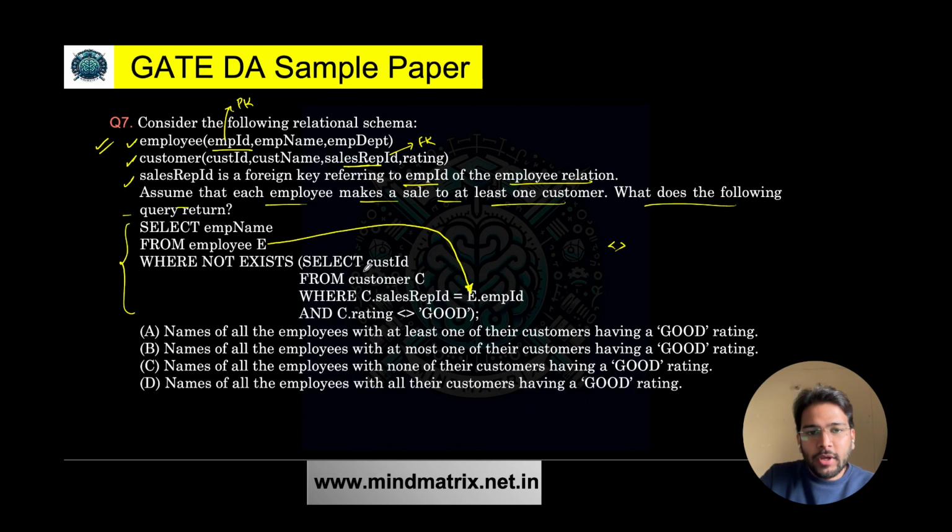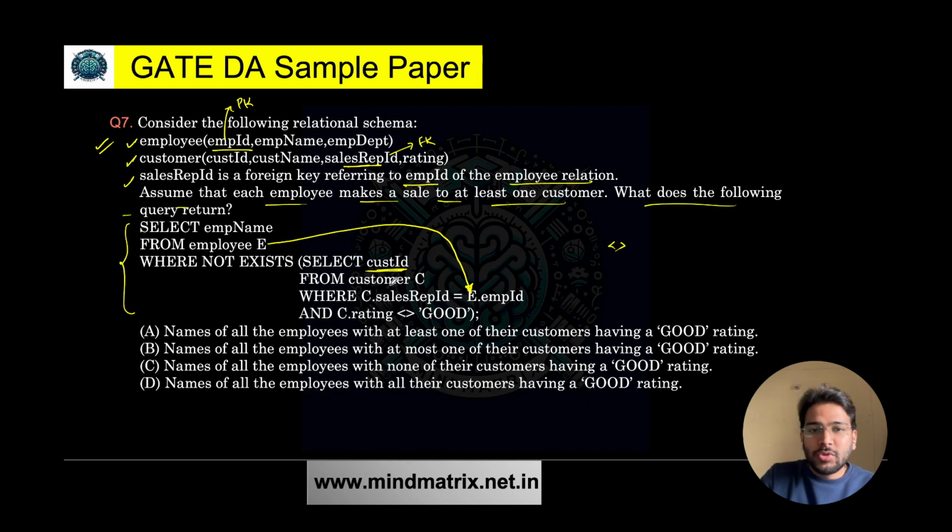So for every employee you have to find what? Customer ID. That means those customers, you have to find for every employee where the rating provided by the customers is not good. Okay, for each employee you have to find all their customers, because it's talking about all the customer IDs.